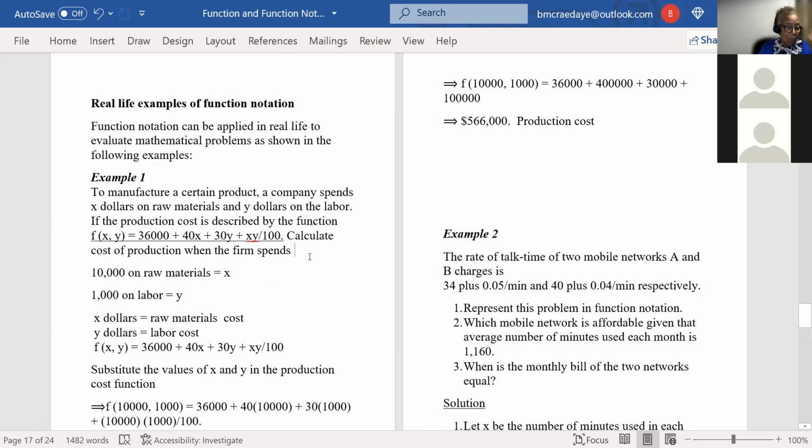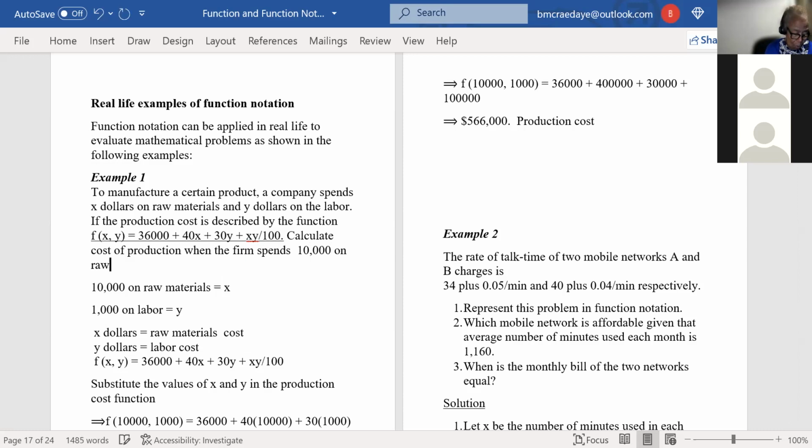No, it said when the firm spends 10,000, this is the way it was given in the problem. I just simplified it. 10,000 on raw materials and 1,000 on labor.